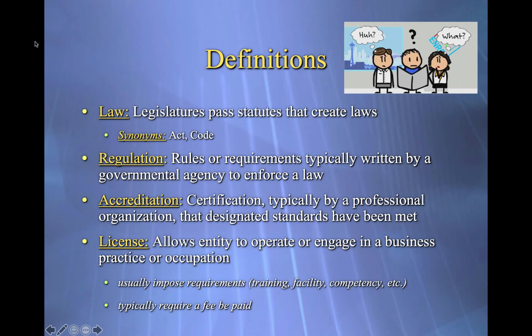So in California, laboratories are required to have a license. The license requirements impose some restrictions on training of your personnel, the facility that you're going to use, competency assessments of your personnel, etc. And of course, as with any license, you're going to pay a fee, either on an annual or a biannual basis, to allow you to operate in that city or locale.